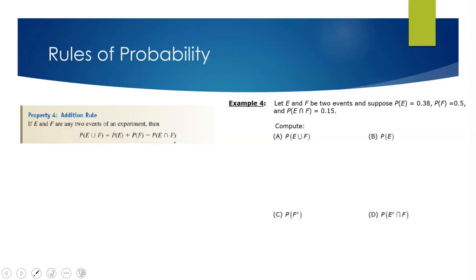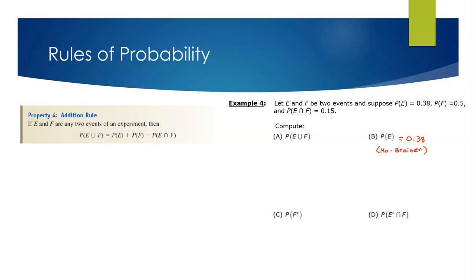So now, for example 4, we can make use of this to some extent because we can say, okay, well, let E and F be two events. We're going to let P of E equal 0.38, P of F equal 0.5, and the probability of E and F be 0.15. Compute the following. Well, there's a well-duh question here, a no-brainer. B, because we told you outright what the probability of E is. It's still 0.38.